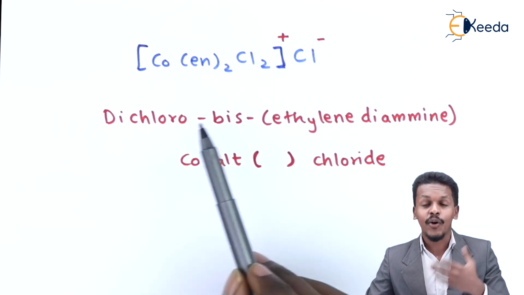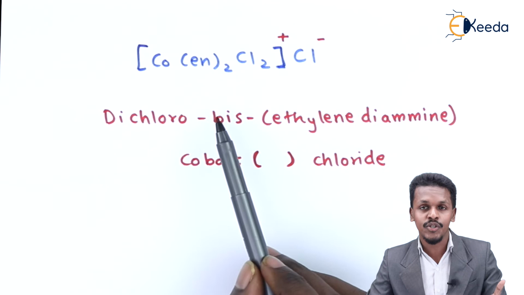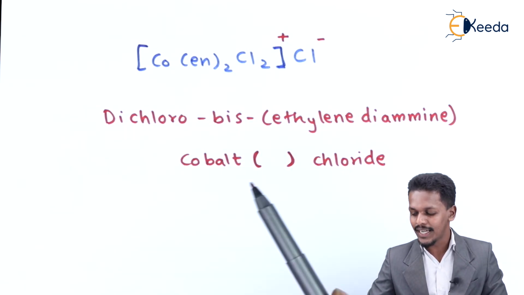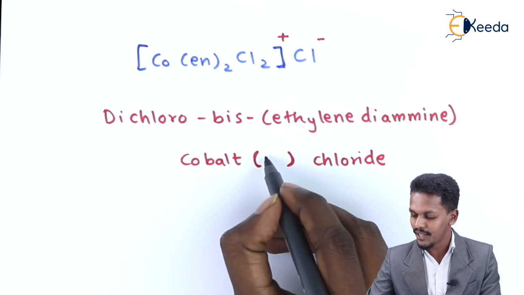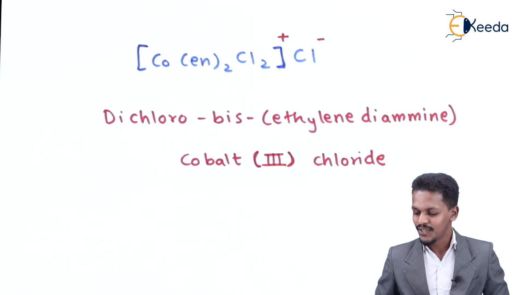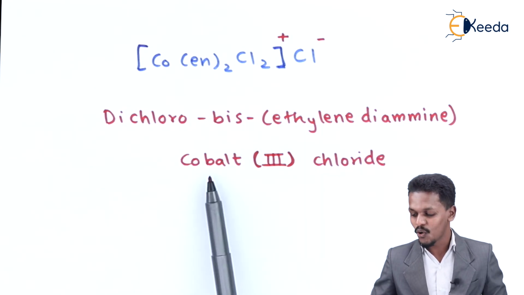Then according to the calculation, which we did in the previous lecture during the determination of EAN, we get that cobalt has an oxidation number of 3. So I am writing it over here, so this is the name of the complex, that is dichloro bis ethylene diamine cobalt 3 chloride.